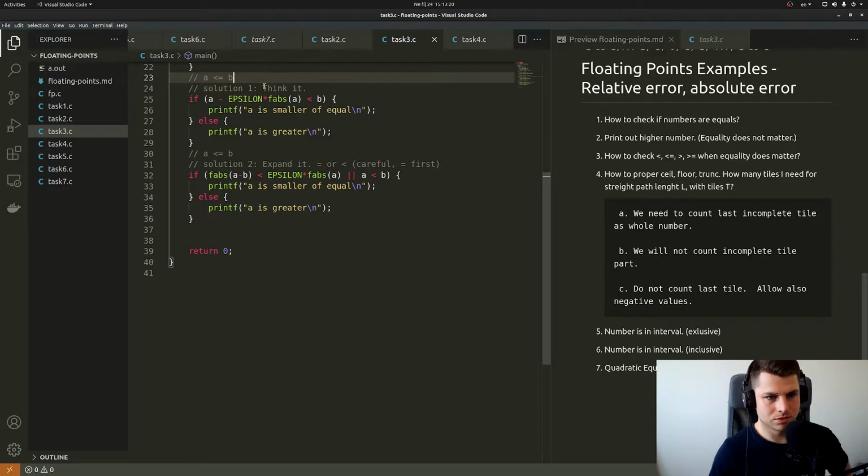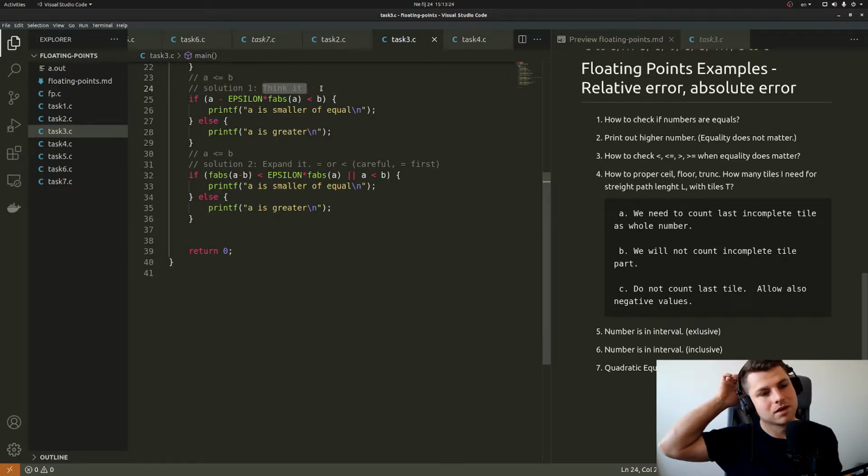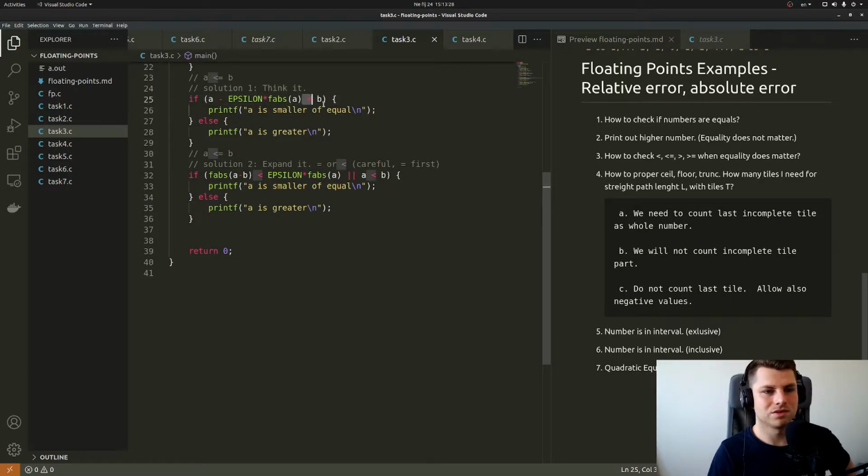The solution which we will think of is that we have the condition, but now we want to help the condition, we want help on this side. So we will subtract to help the condition basically here.